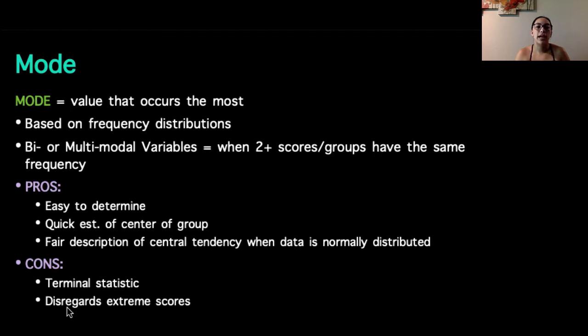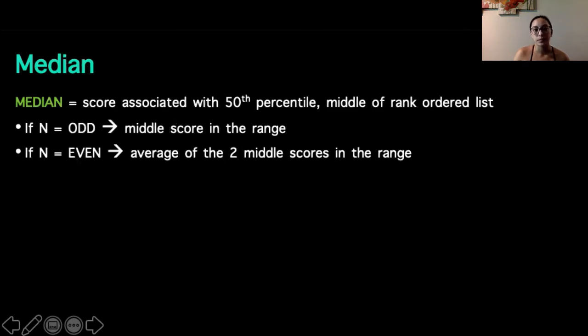A mode of 5 isn't going to tell us that that extreme score exists. And sometimes it's important for us to know that outliers exist because they can affect our statistical analysis later in the game. So these are 2 cons as to why we wouldn't use a mode, but again, it's a very, very quick way to get a general idea of where the center of your distribution is.